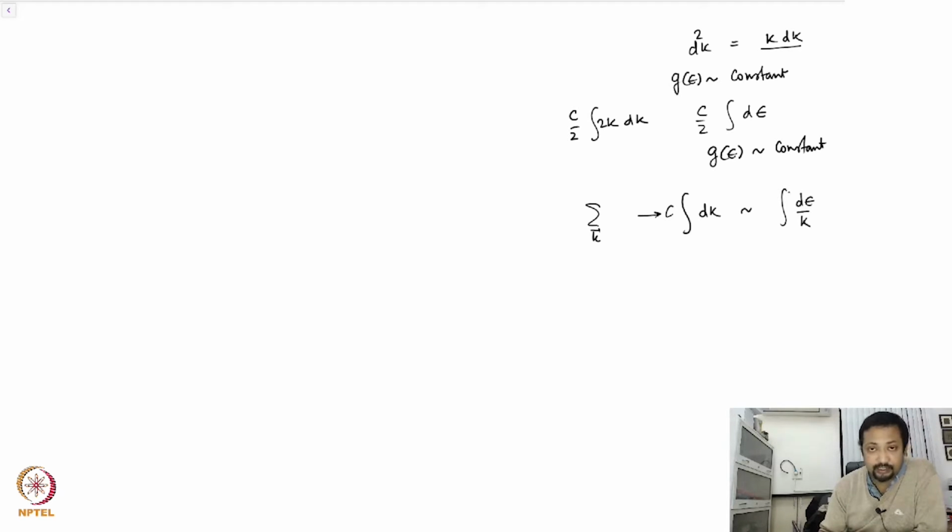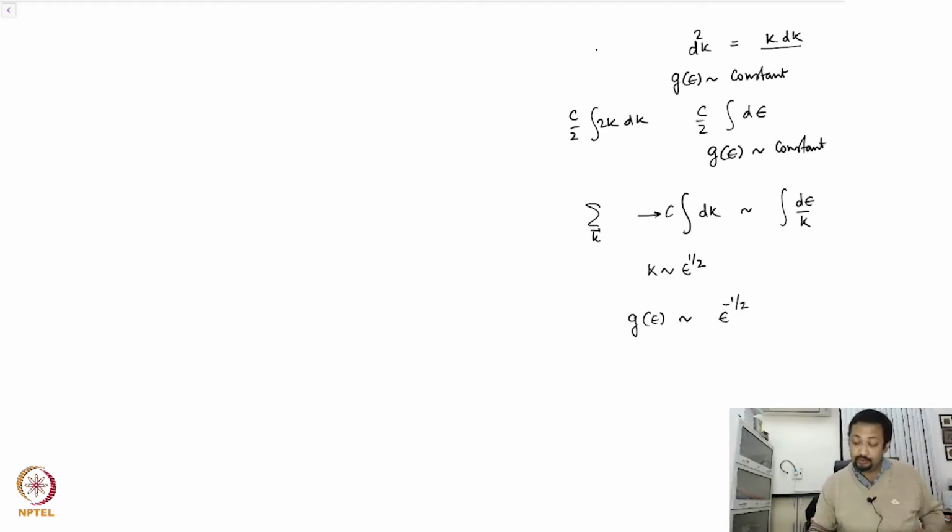Some constant factor is always there outside, but that is not something you have to worry about too much. But the idea is now k goes as epsilon to the power half, so that your g epsilon goes as epsilon to the power minus half.